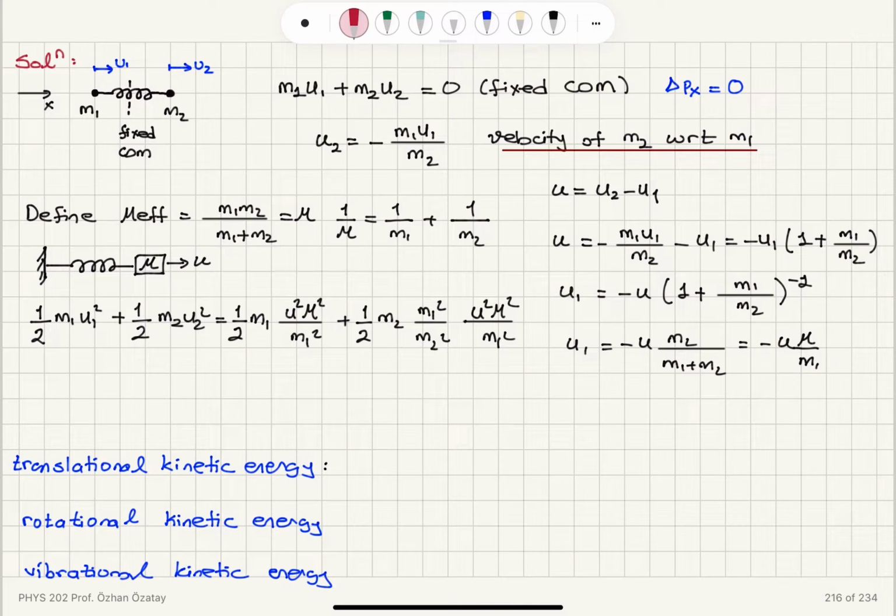Now let's see what's happening here. The m1's cancel, I have m1 squares canceling here, and m2 cancels this m2. So I find that this can be written as 1 over 2 mu squared u squared times (1 over m1 plus 1 over m2).